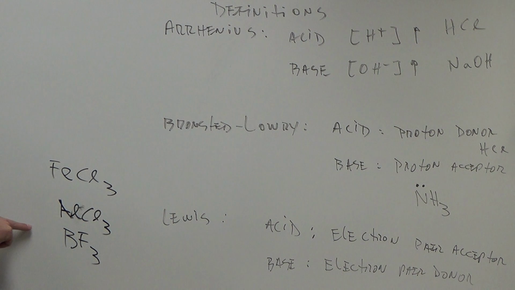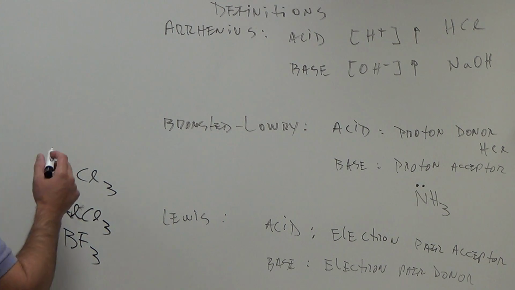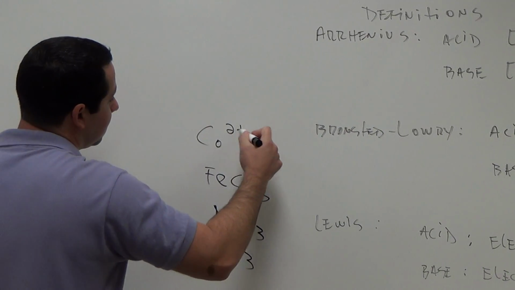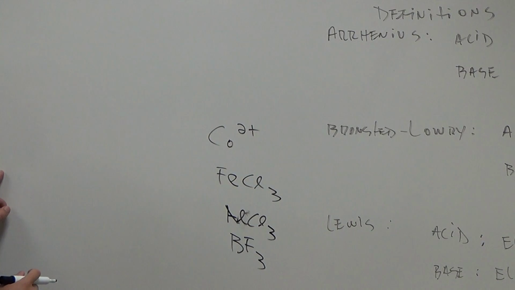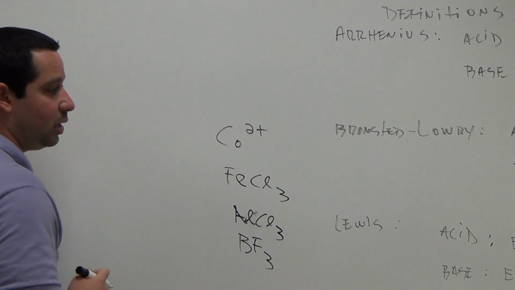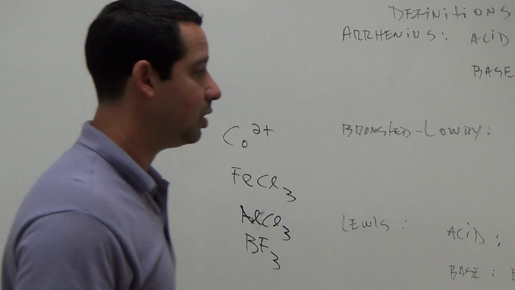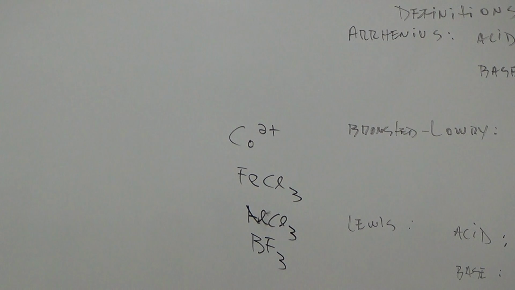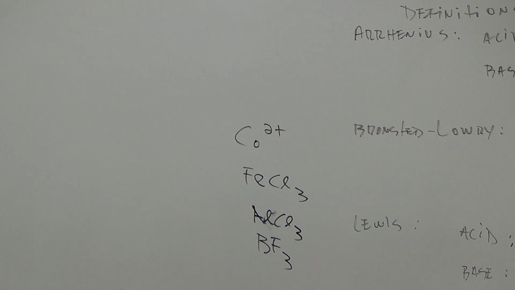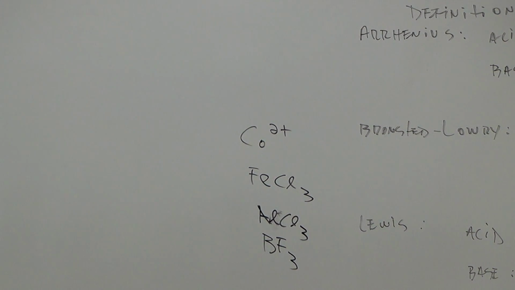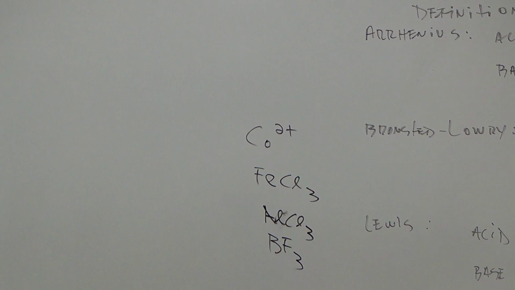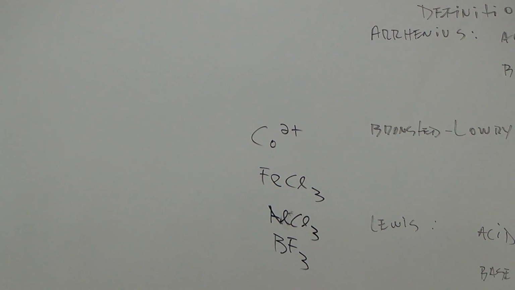And you have things like this: things that are positively charged are expected to be Lewis acids because they will accept electrons, since they're missing electrons. So for Lewis acids: positively charged species, transition metals, and incomplete octets.